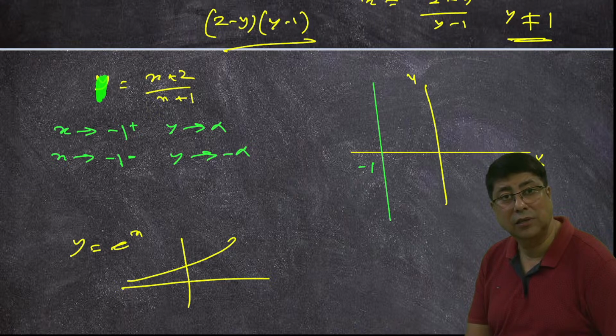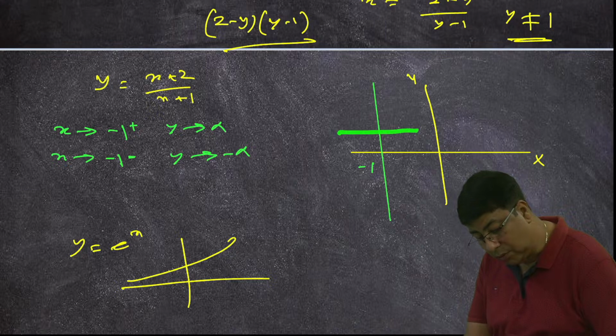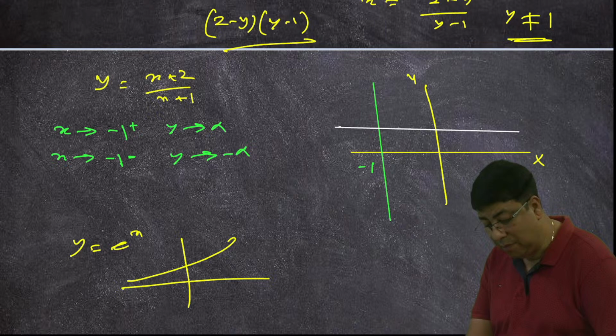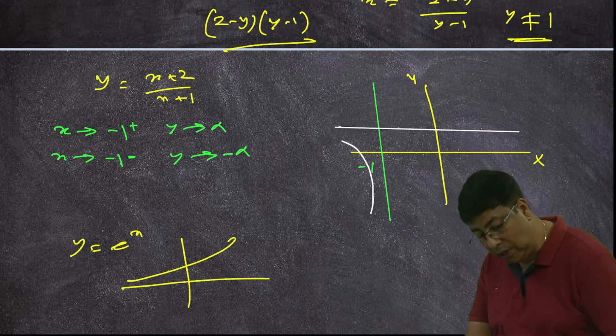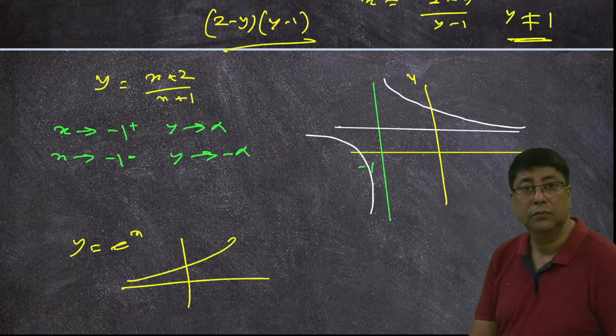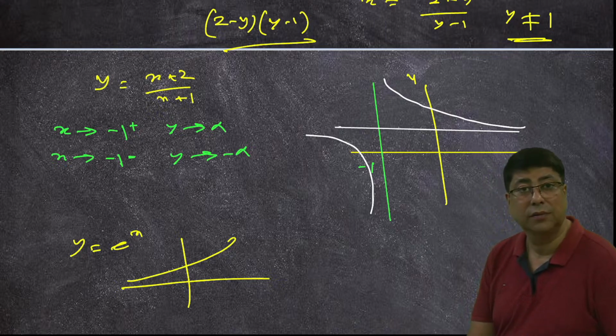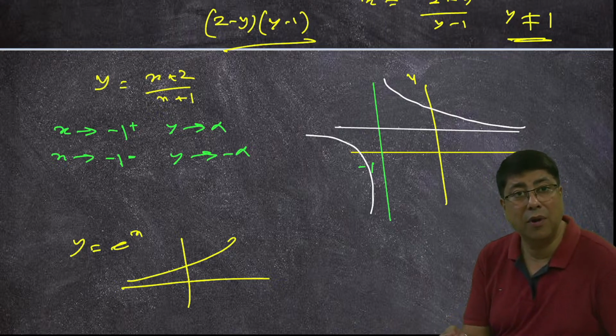So y equal to 1 will not be there. You have to understand this diagram. I am drawing it; you must have already prepared these things. This is minus 1, and the line parallel to the x-axis, y equal to 1, the curve will not touch. In this way, similar to the quadratic by quadratic curve.